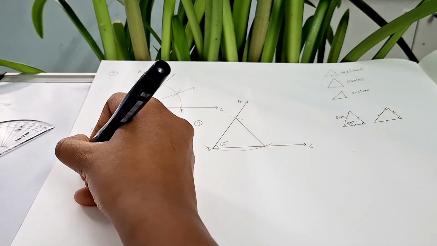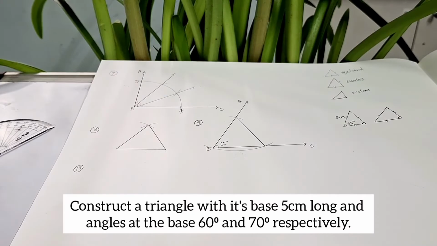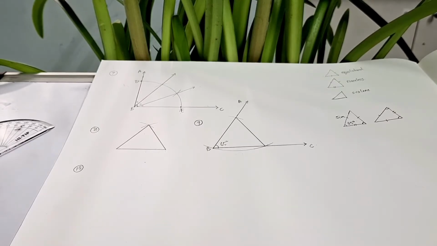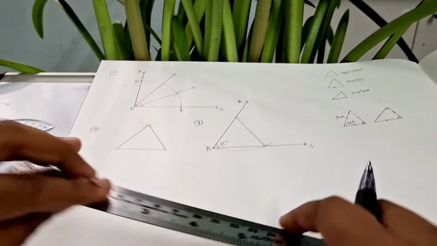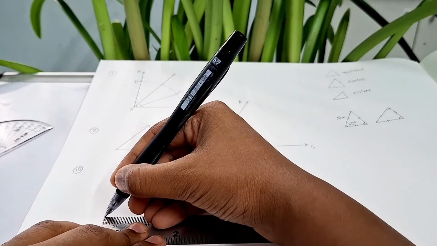Moving to construction number 10. Construct a triangle with its base 5 cm long and the angles at the base are 60 degree and 70 degree respectively. This is also a very easy construction. They have given the base of the triangle, which is 5 cm long.